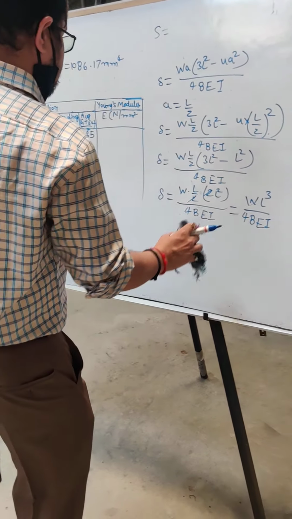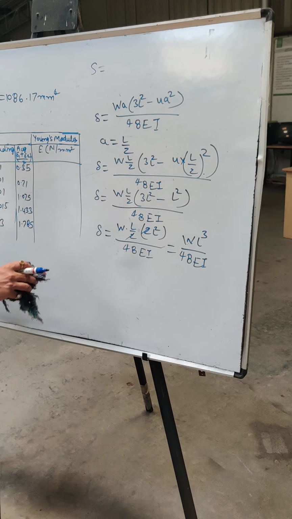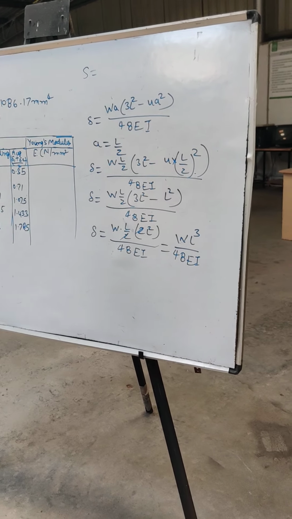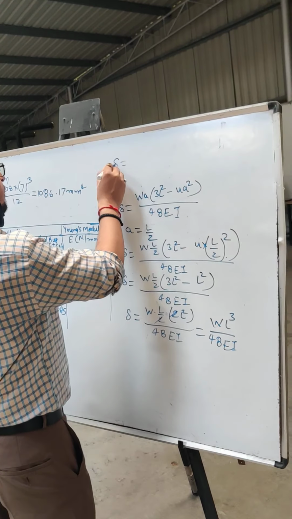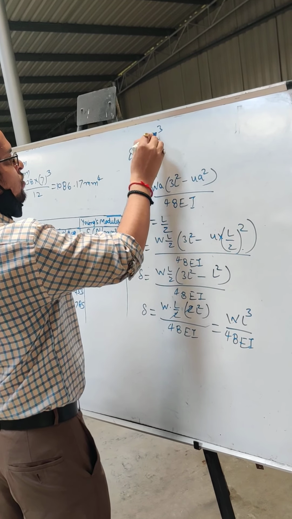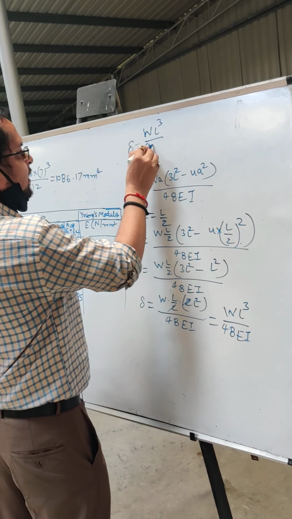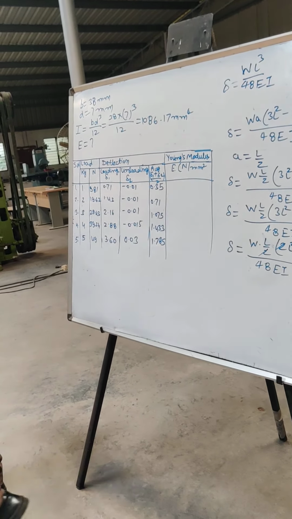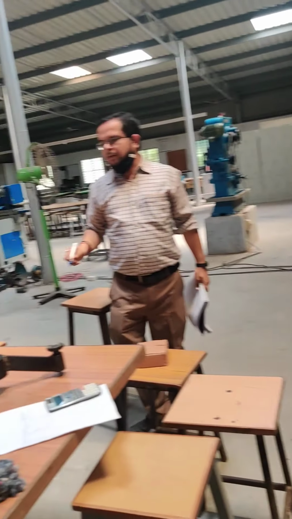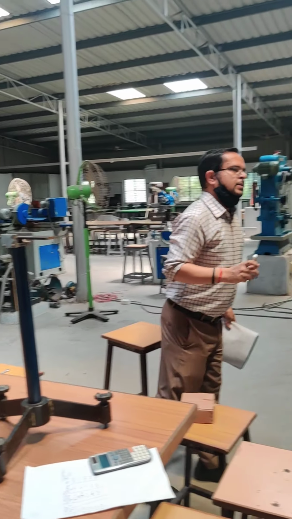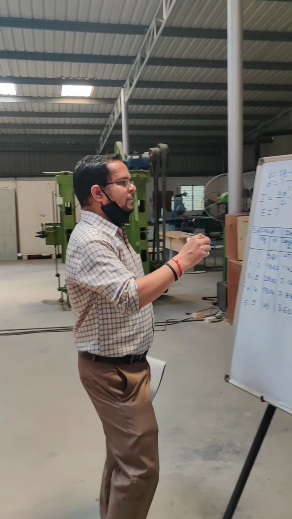So you can see here, this is our deflection formula. Here del is equal to W L cube upon 48 EI. The length of the beam between these two supports is 900, so L is equal to 900 mm.